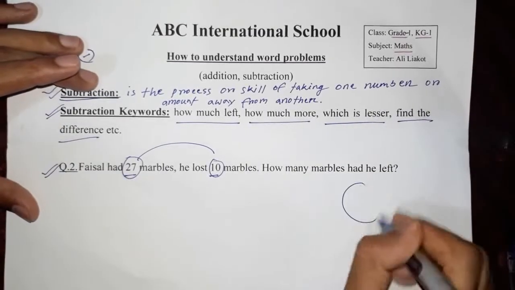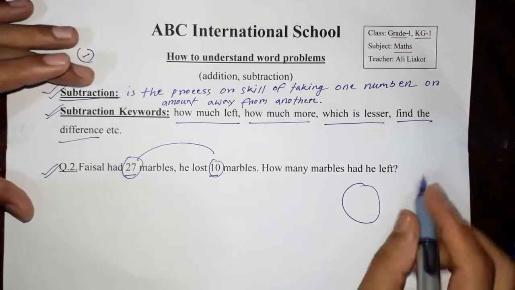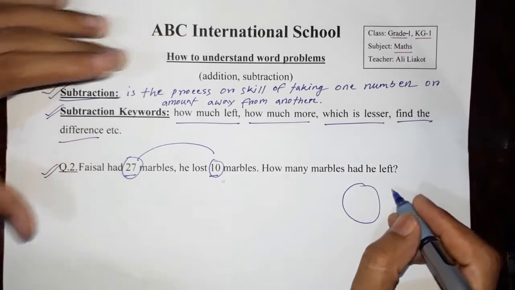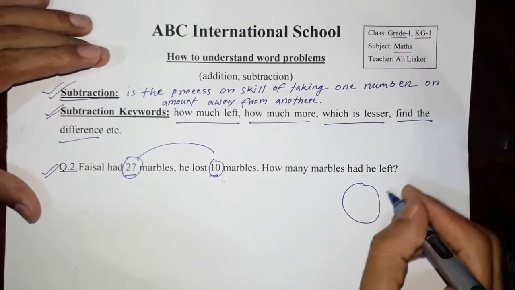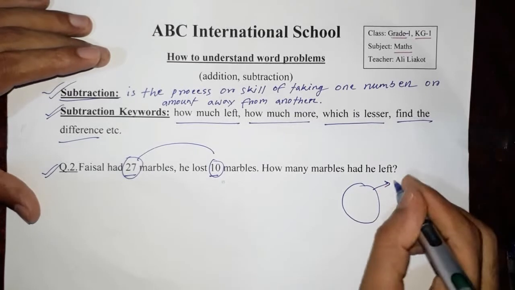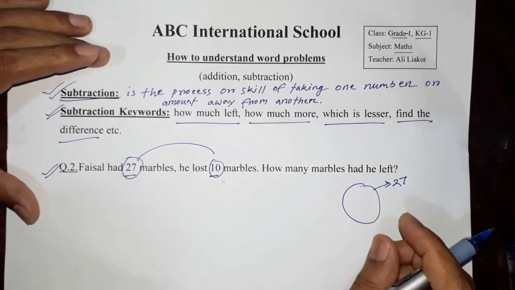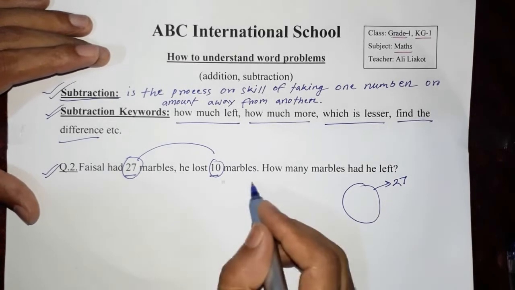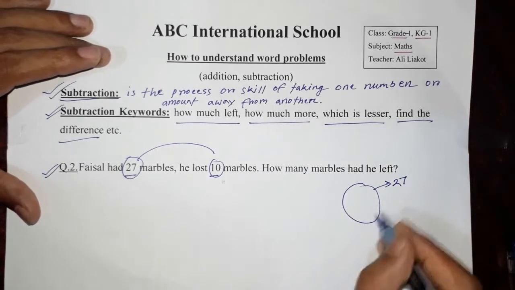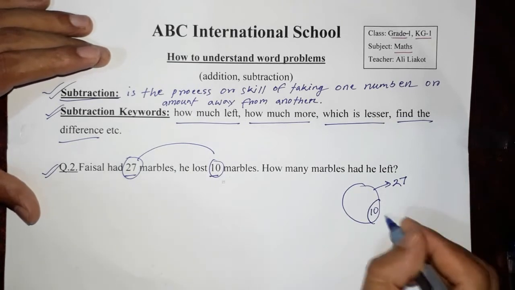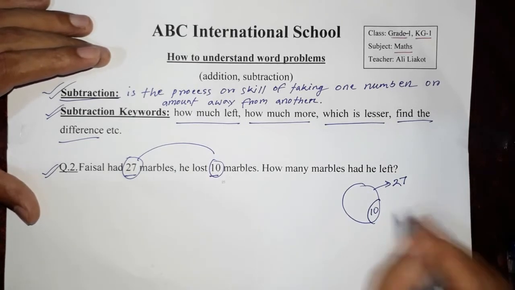If I make a circle, that means the total amount of marbles. I can write here, this is 27, I mean the total amount. Then what's the question? He lost 10 marbles. This means I can cut 10 from the total amount. So I can write here, this side is already lost.